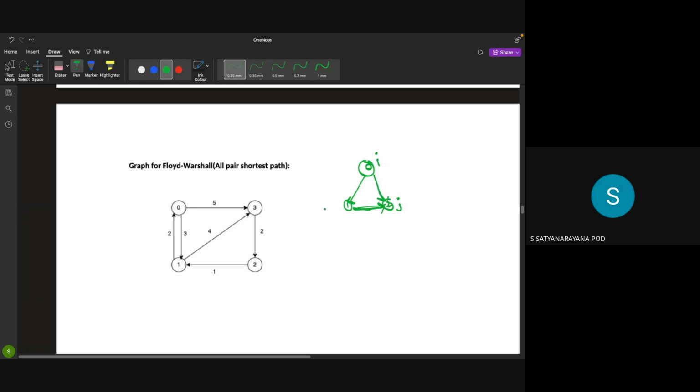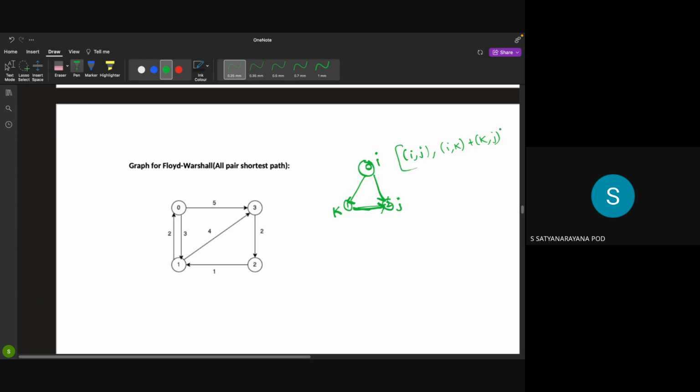Now, what I want to check is this I and J, and there is one more vertex, which is called K. Maybe we check via K. I check whether the direct path from I to J is minimum, or I to K plus K to J is minimum.